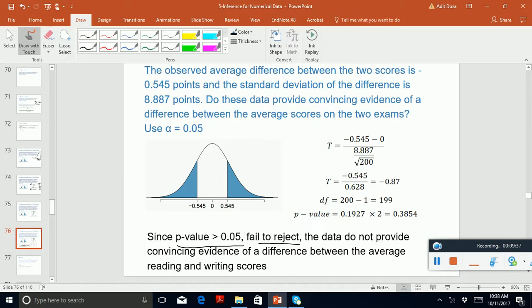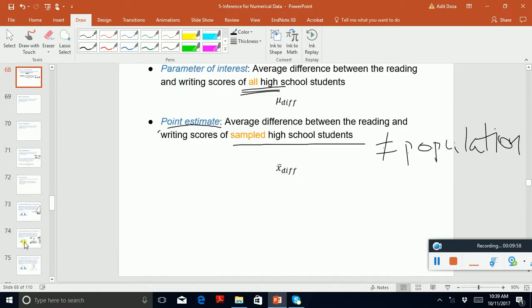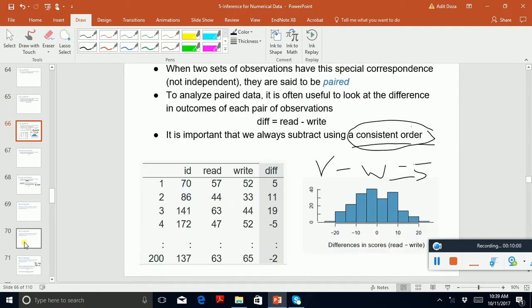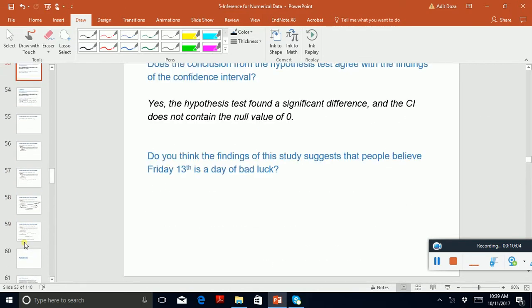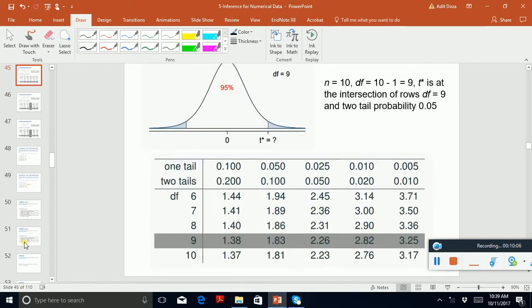Okay, when you are writing, you should say that as the p-value is greater than 0.05, like we calculated the p-value, once we actually know the value and also the degree of freedom, right, you can go to the t-stat table. So let me show the t-stat table to you guys. Okay, just a recap.